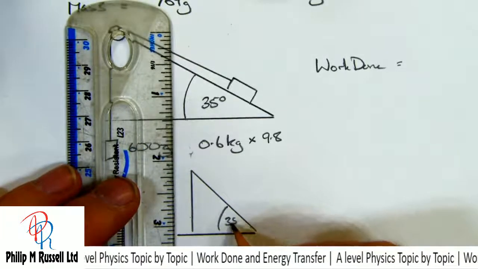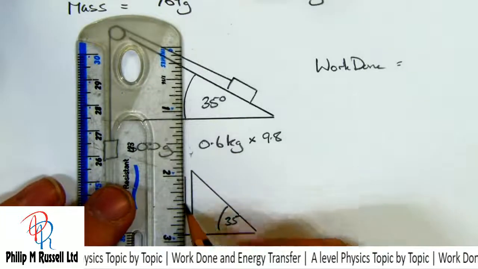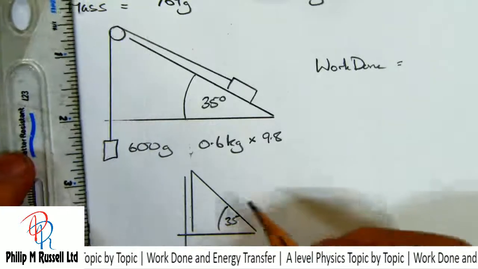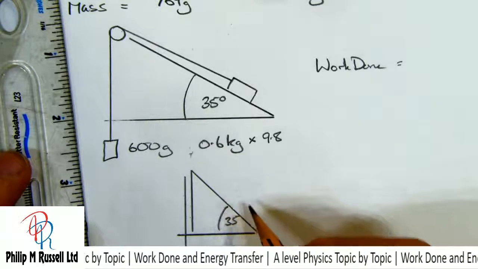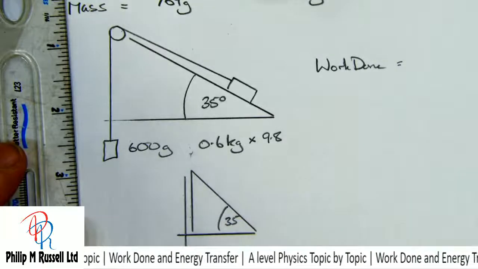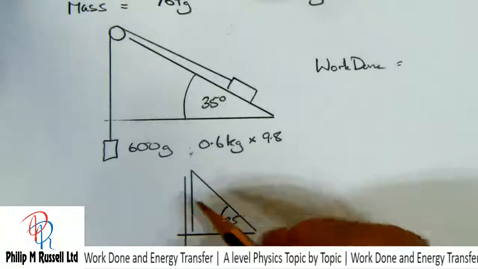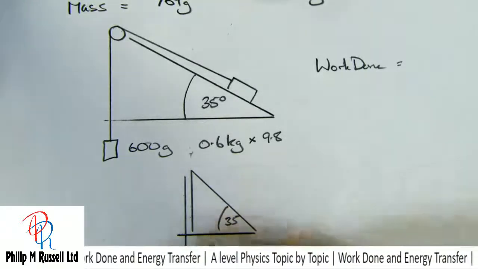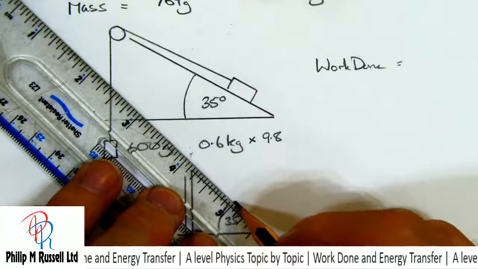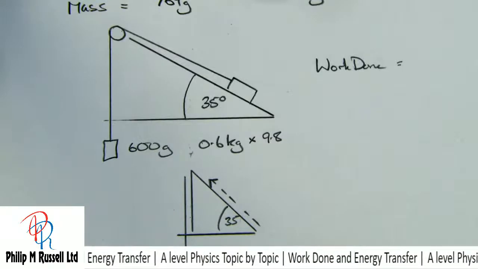We know this is 35 degrees. We can measure this to work out what components of our vertical and horizontal forces we've got, because we've got a vertical force and we've got a horizontal force, which is making my object move up here in this direction.